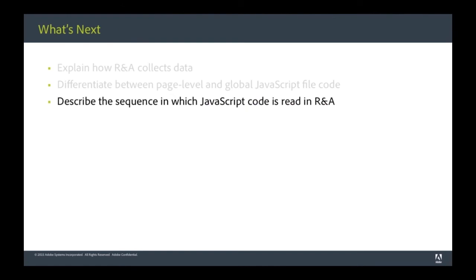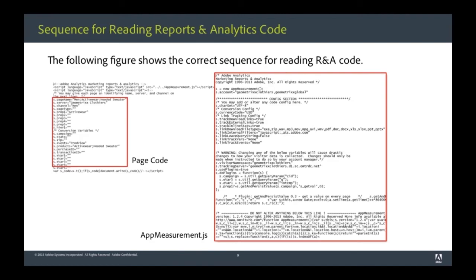Lastly, we want to talk about the sequence in which JavaScript reads code. JavaScript normally reads code sequentially. Adobe has structured its code to be read back and forth between the page and the app measurement file. First, the page code calls the external app measurement file. Then the configuration variables are read from the app measurement file.